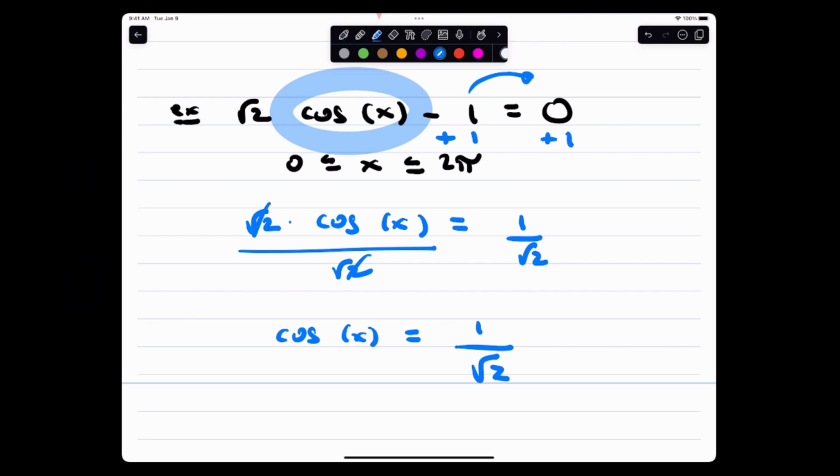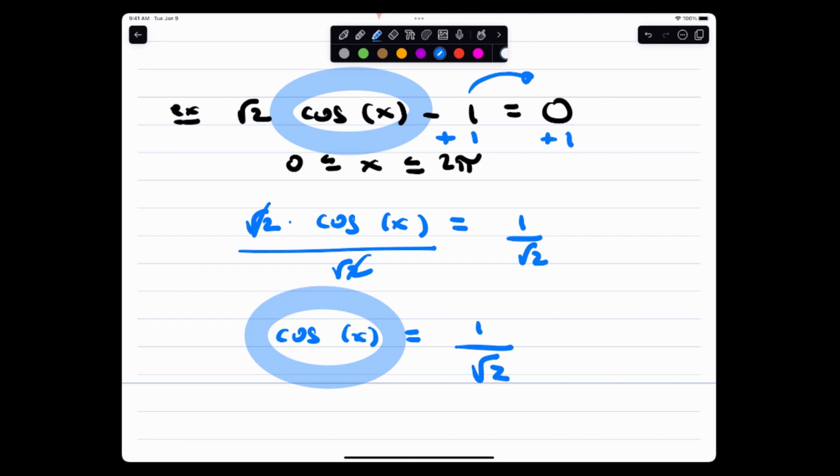So you just solve for cosine. Okay, you guys okay with that?